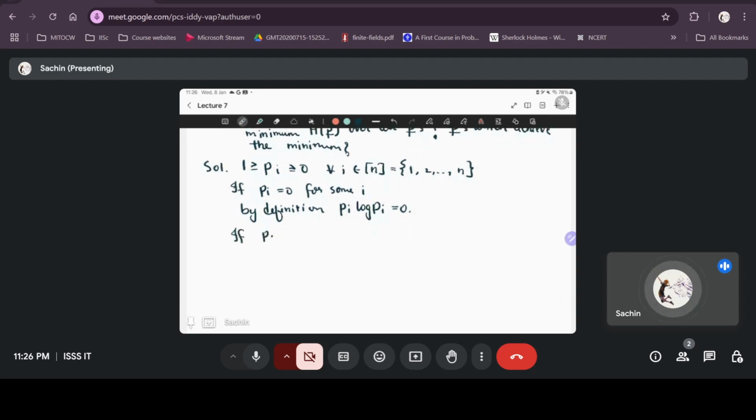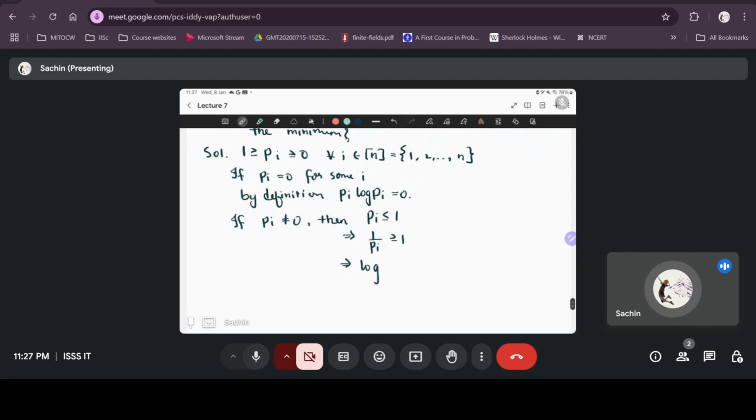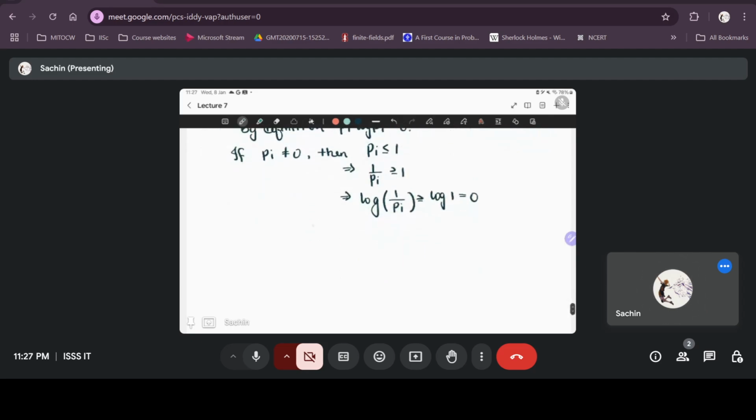If pi is not equal to 0, then pi is less than or equal to 1, which implies 1 over pi is greater than or equal to 1, which implies, since log is a monotonic increasing function, log of 1 over pi is greater than or equal to log 1, which is equal to 0, and pi is greater than or equal to 0.